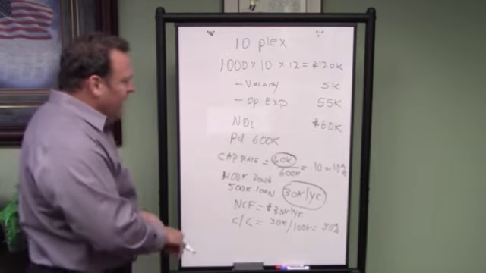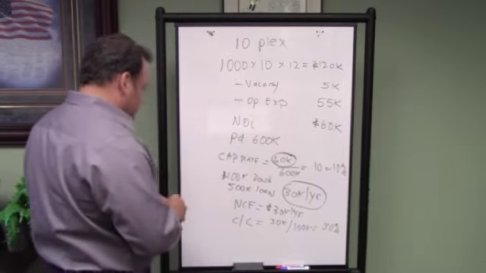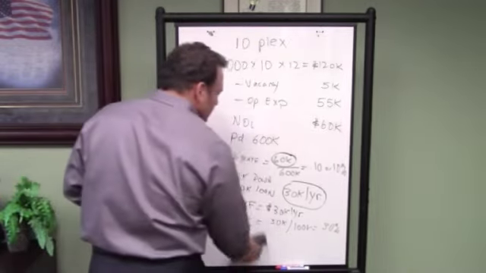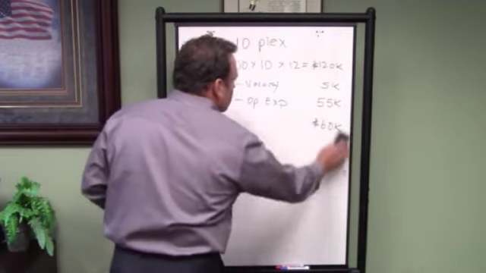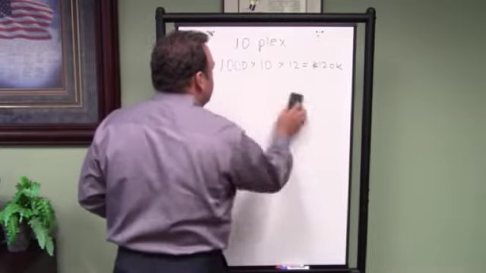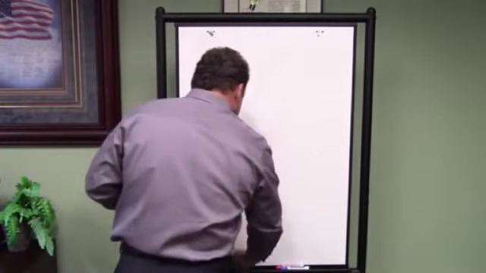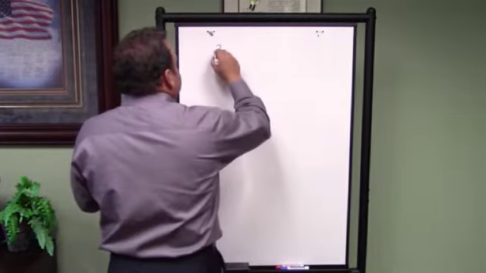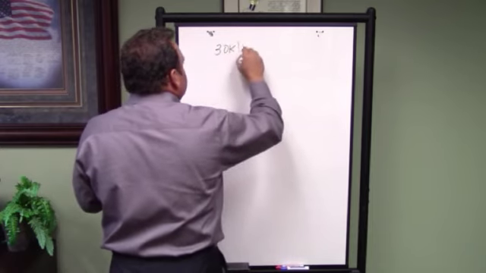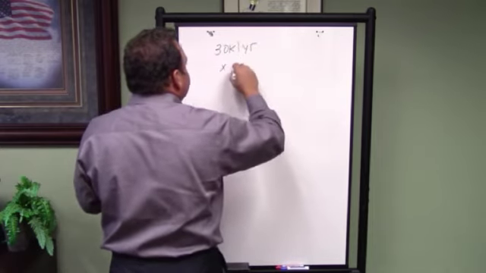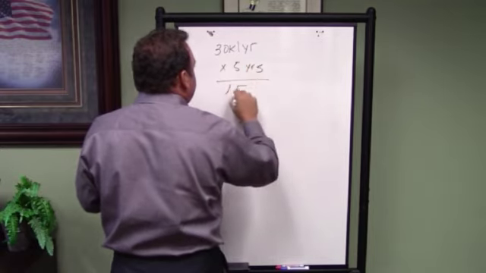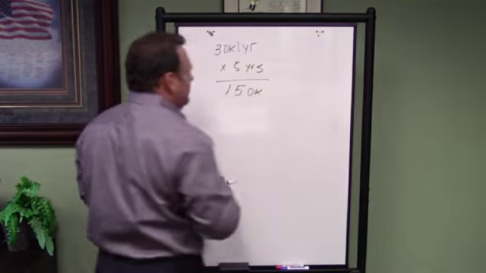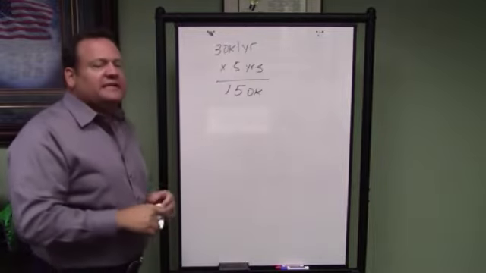Okay? So what's our average rate of return? Let's figure that out. So we got $30,000 per year, let's say times 5 years, is $150,000. We paid $600 for it.